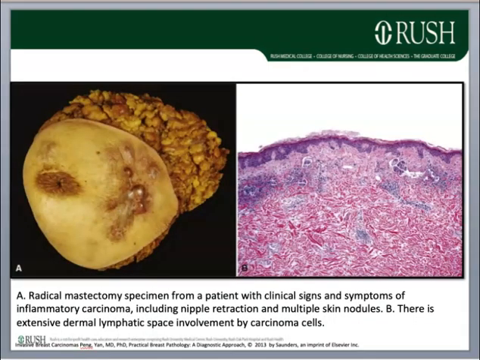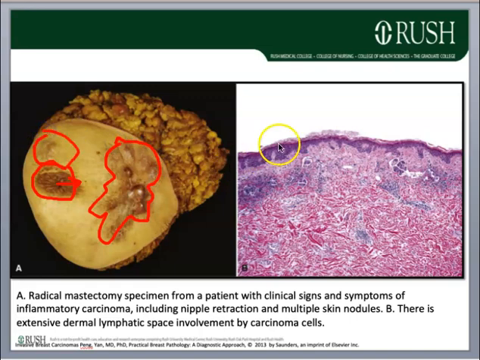And so on the left is a mastectomy specimen showing some of the clinical signs and symptoms of inflammatory carcinoma. Notice that in the areolar region the nipple is inverted, meaning that it's pulled down beneath the skin surface. And notice the redness and the lumpy, bumpy quality to the breast skin here, as well as over here.